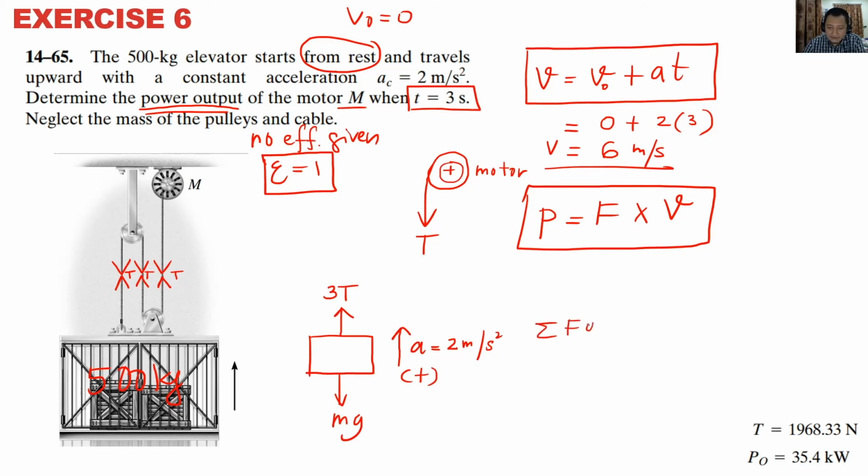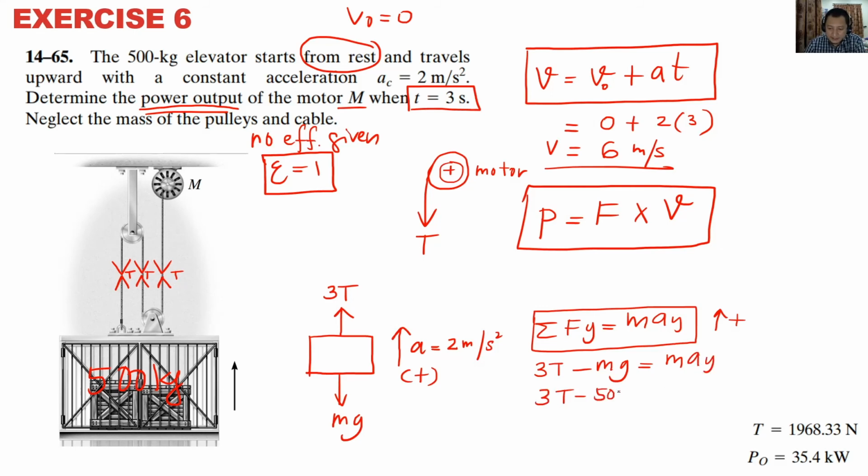Summation Fy is equal to ma y. Going up is positive. So 3T minus mg is equal to ma y.